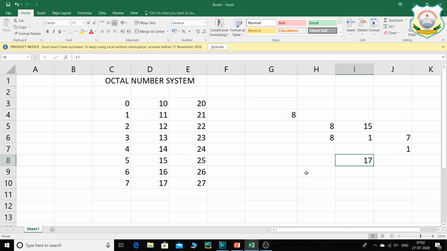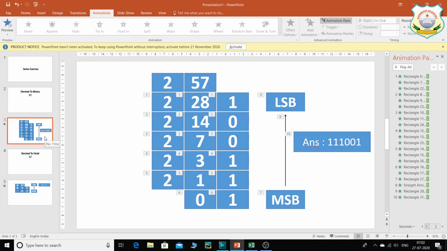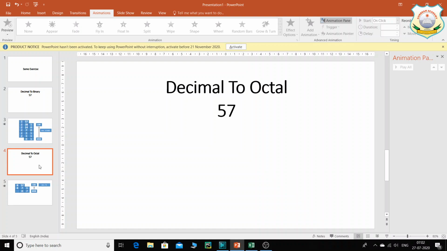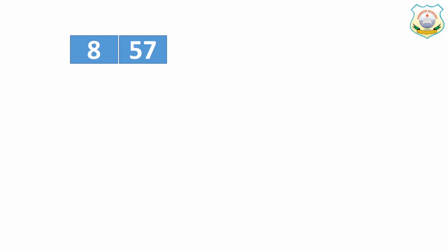Anyway, this is the octal number system. If you want to take some more examples, the same number I took a minute ago, that is 57. So obviously I'm going to convert 57, that is a decimal, to octal. What I'm going to do, I'm going to divide that by 8.